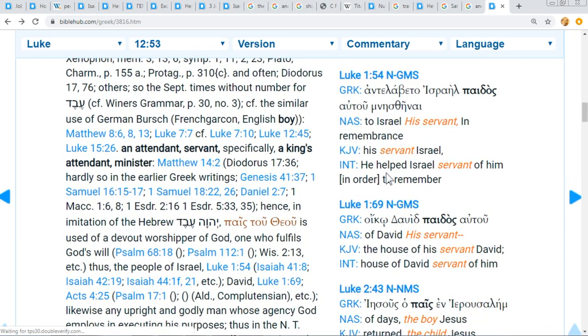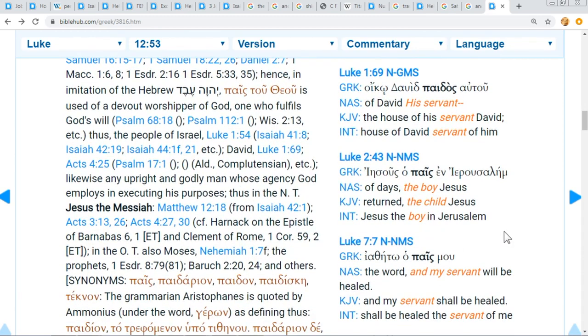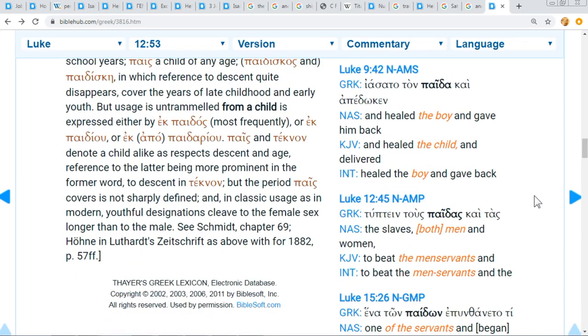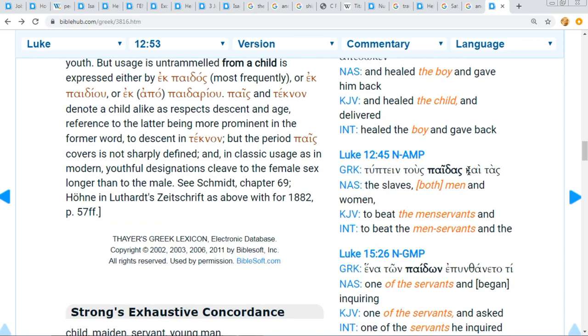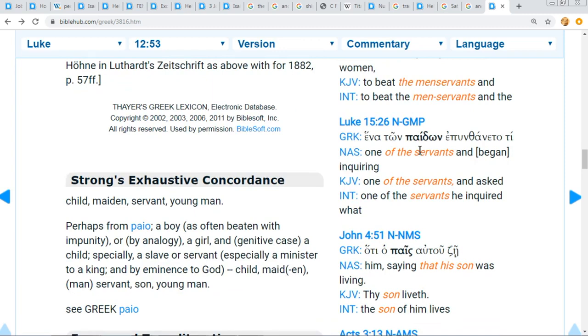What kind of servants those were? The pedos, pays. In the Old Testament, against the slaves and the obid, it has several different words that are used in the Greek, but now it's the menservant, the paid as, the paid on servants.